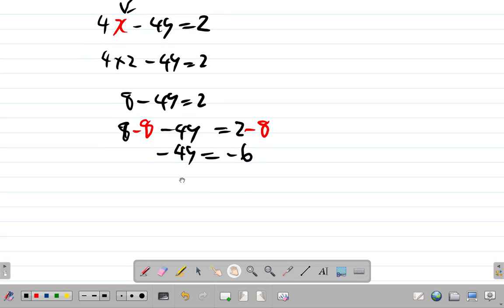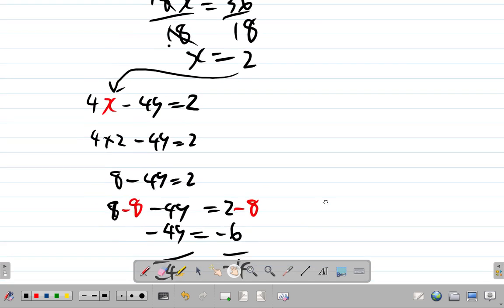Alright, let's divide by negative 4 now. So we have y is equal to, this will be a positive, 6 divided by 4, which is 3 over 2, 3 halves. Alright?